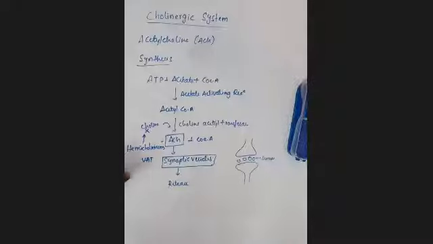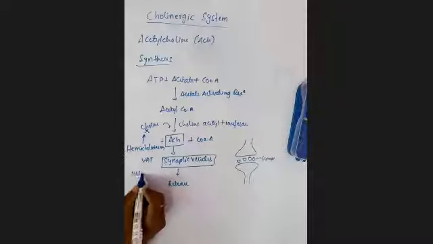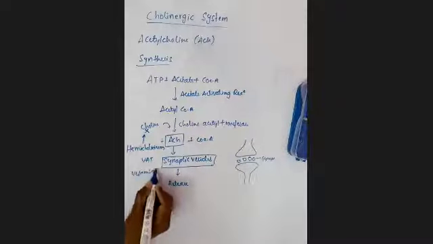Once acetylcholine is synthesized, it has to be transported into the synaptic vesicles, and that transportation is carried out by this VAT. This is mainly blocked by one molecule, vesamicol.